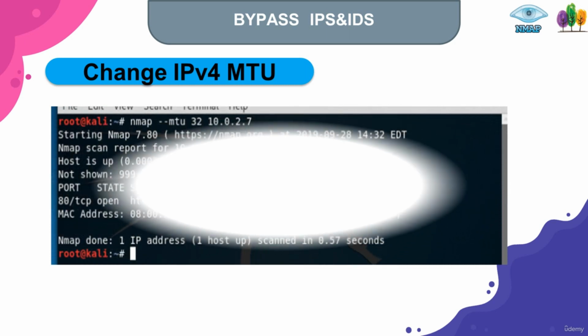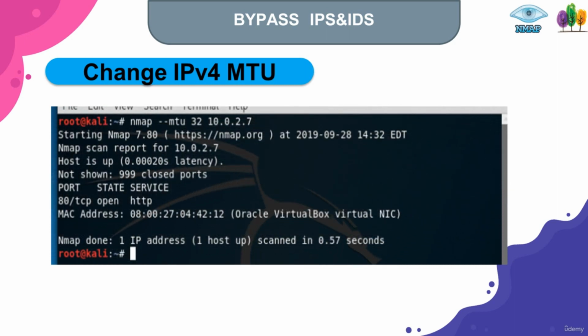So it's similar to the packet fragmentation technique. During scanning, NMAP will create packets based on the number of MTUs we provide. For example, if we set the MTU to 16, NMAP will generate packets of 16 bytes and cause confusion on the firewall. Now, please note that the MTU value must be a multiple of 8. So 8, 16, 24, 32, etc.